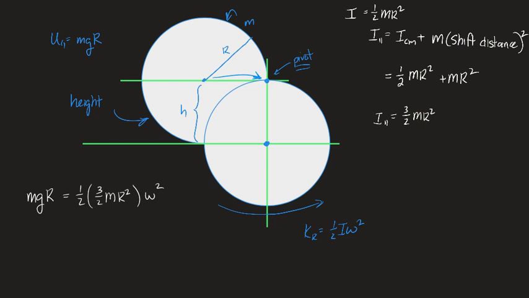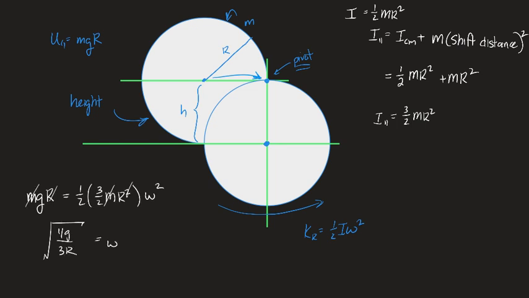You're just going to solve this for omega. I'd probably cancel out one of the m's, and maybe cancel out one of the r's. And 1/2 times 3/2 is 3/4. So this gives you the square root of 4g over 3r.